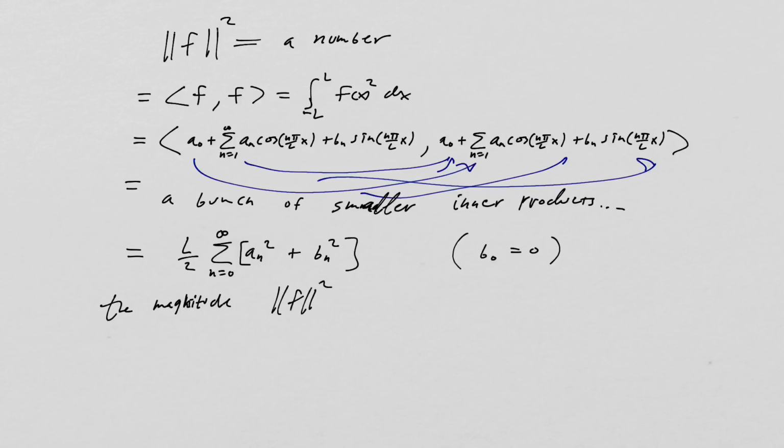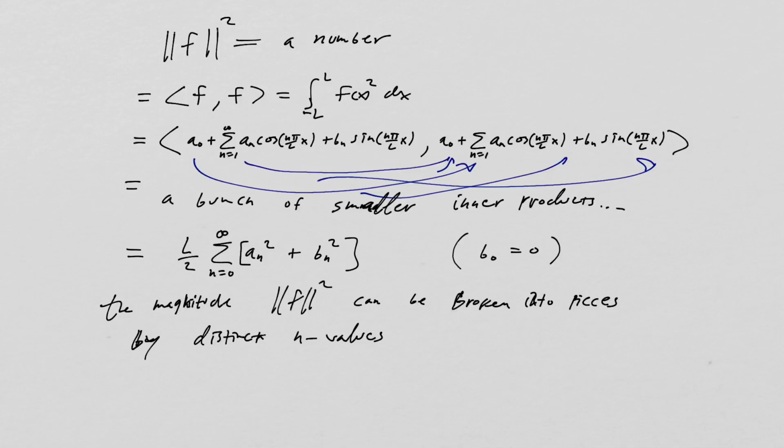So the idea here is basically that the magnitude of f squared can be broken into pieces by distinct n values.